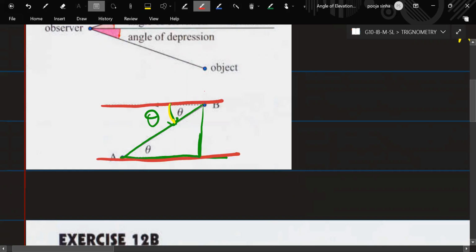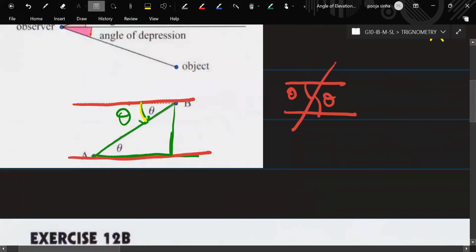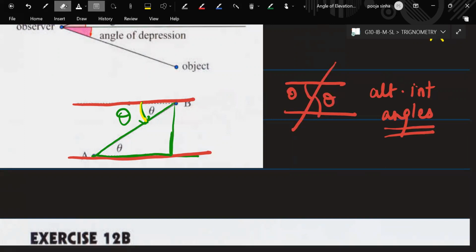So this is the parallel line property: if this angle is theta, then this angle is also theta. By which rule? These are alternate interior angles. So we have to always apply this rule. Clear? This point is clear?